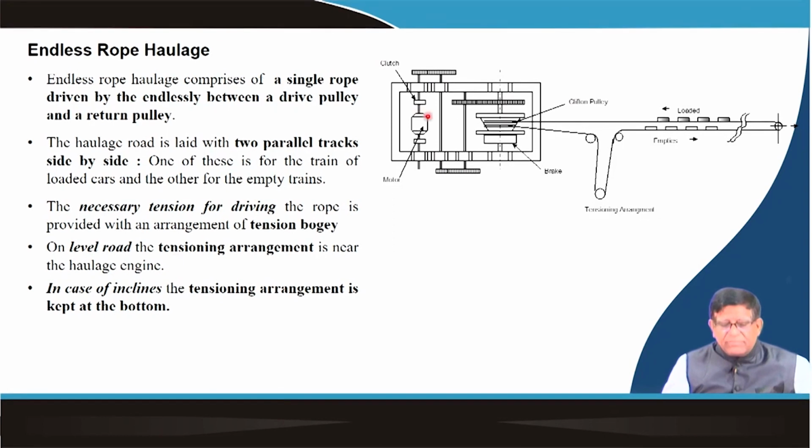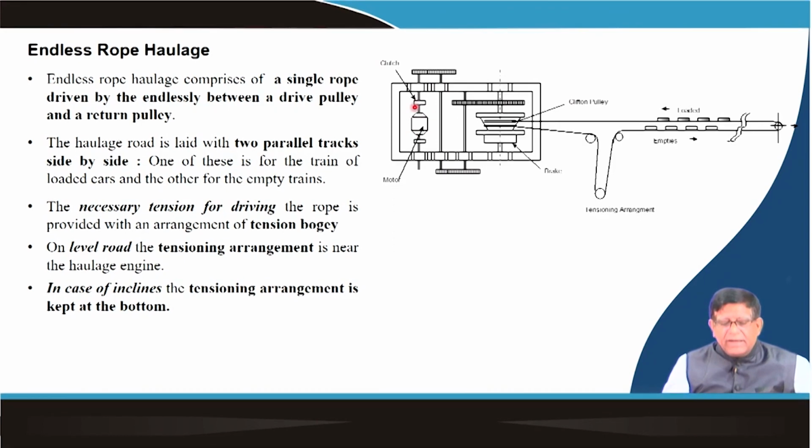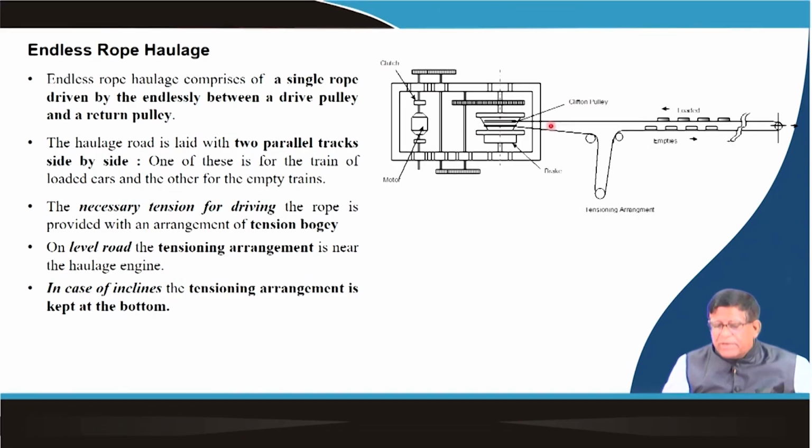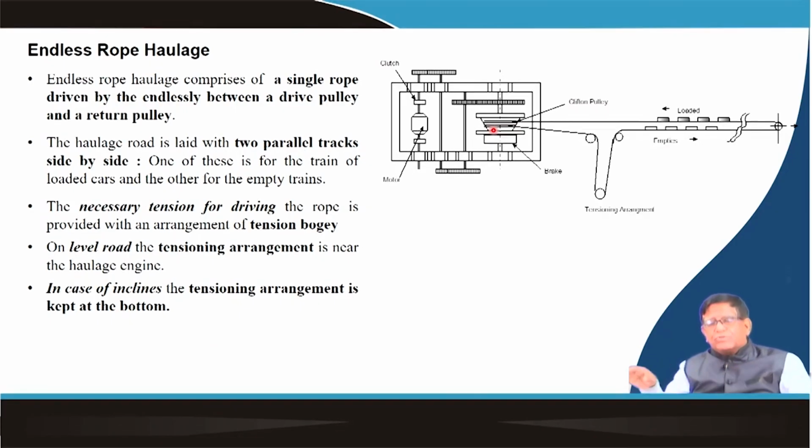You can see here the electric motor, and this electric motor is connected with the help of this clutch to the gear system, and after this gear and pinion, it is connected to the Clifton pulley. Now, when it rotates, the Clifton pulley will continuously keep the endless rope moving, but at a very slow speed.